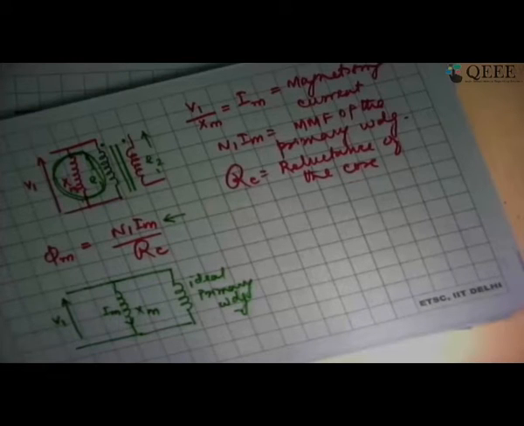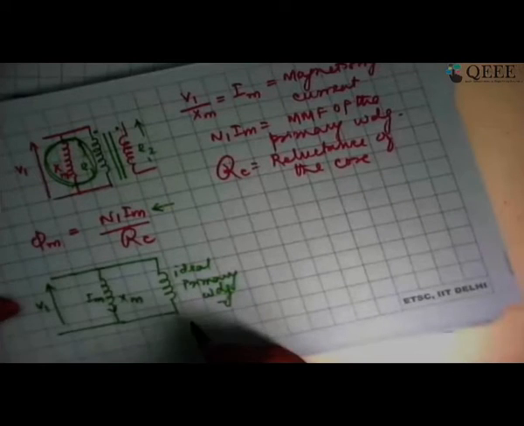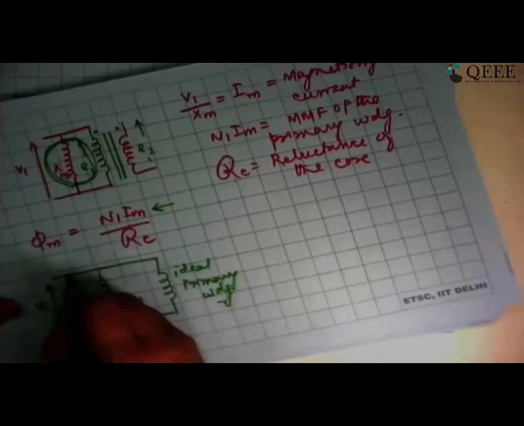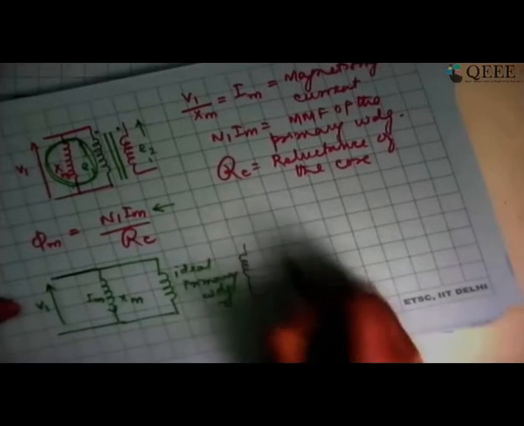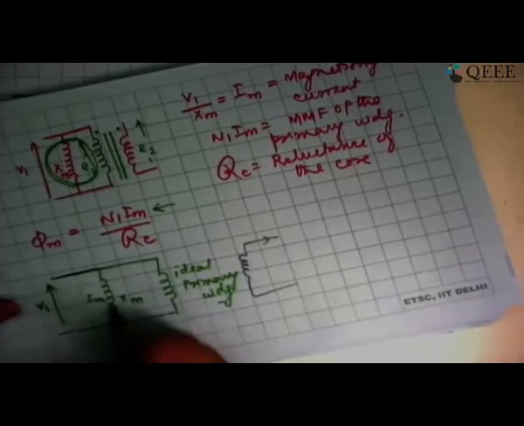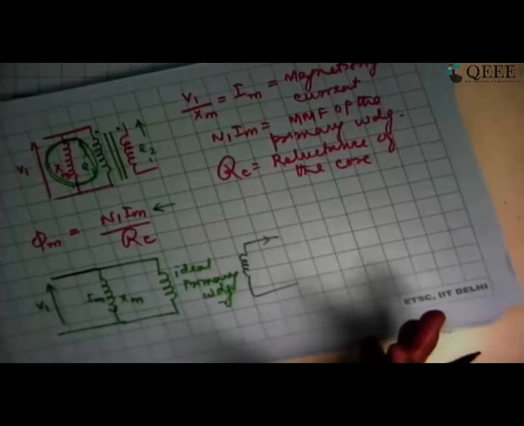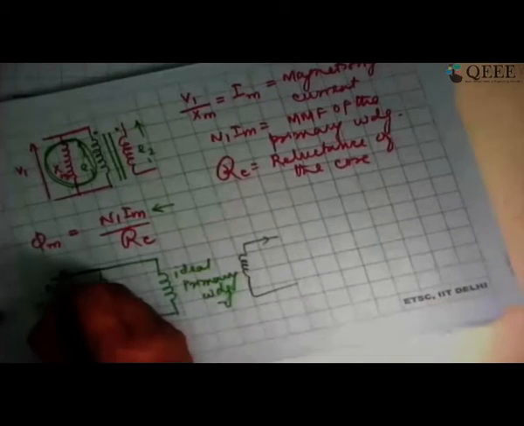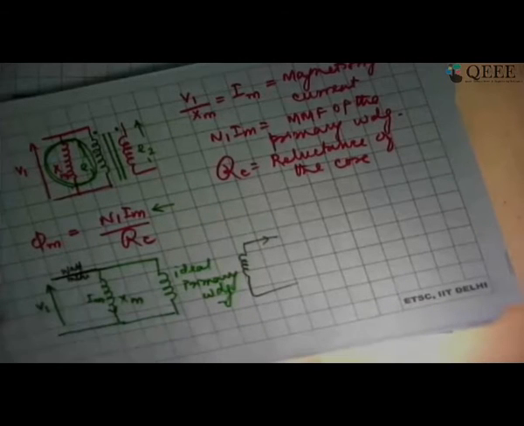Now, if I practically measure the power taken up by the primary winding when the secondary is open circuited: if it had been a pure reactance, it should have been zero. The power should not have been consumed at all. If I put a wattmeter here, it should read 0 if there had been only reactance.